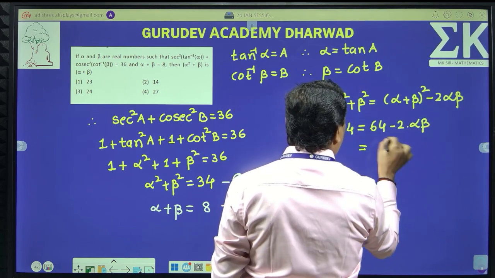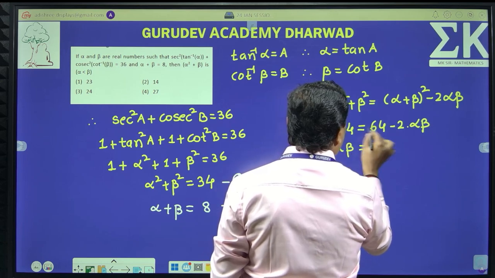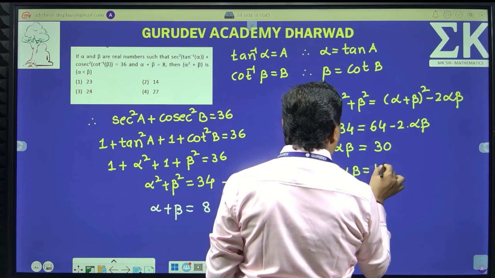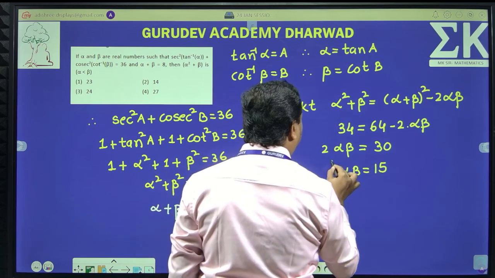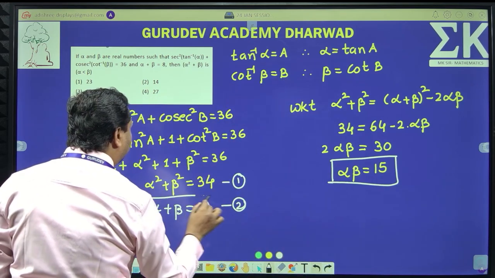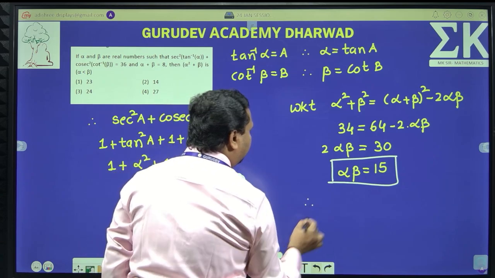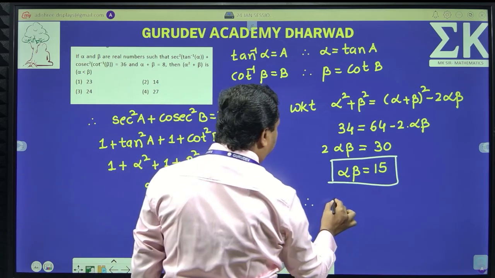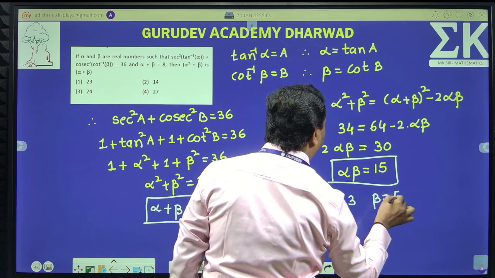So 64 minus 34, if you balance it, 2 alpha beta is equal to 30. What is alpha beta equal to? 15. Right. So if you observe carefully, sum of two roots is 8, product of two roots is 15. Therefore, roots must be 5 and 3. Here he has given alpha is less than beta. So alpha is equal to 3, beta is equal to 5, isn't it?